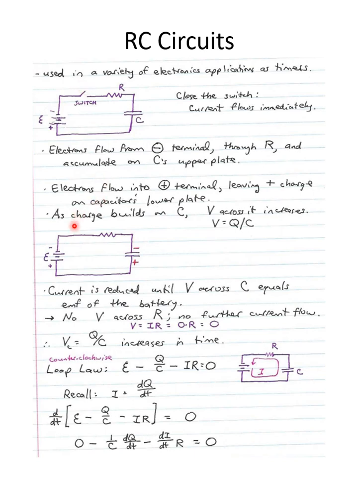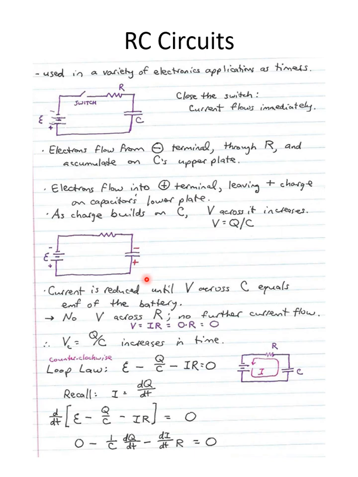Or we can look down at this picture down below with the closed switch, through the resistor, and they will accumulate on the capacitor's upper plate, on that negative plate. Electrons will flow into the positive terminal, leaving positive charge on the capacitor's lower plate because they left the lower plate, so leaving it positively charged.